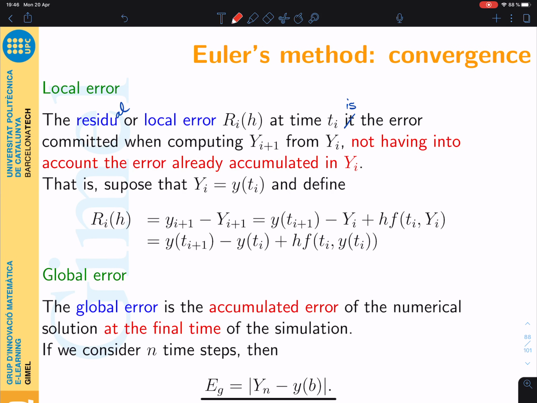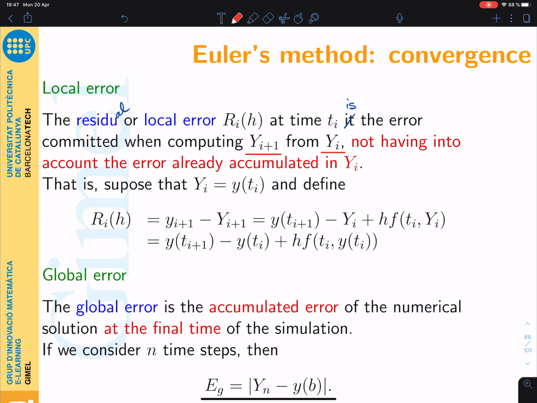The local error is the error that we commit when computing the approximated solution at y(i+1) from the previous one, but not having into account the error that maybe was already accumulated in yi. Okay, that's what we call local error.